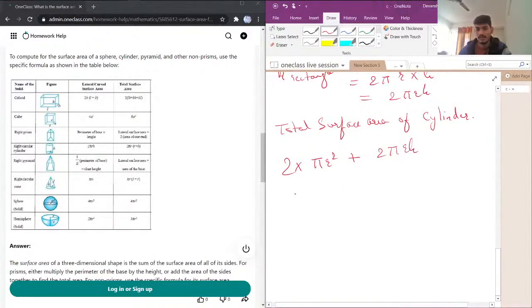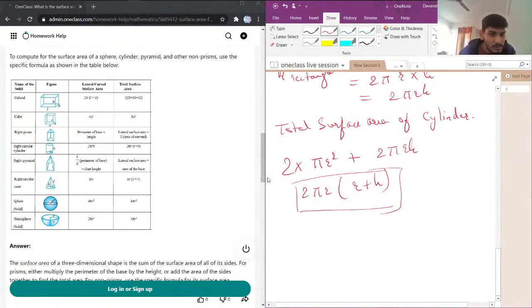We can take 2 pi r common, so 2 pi r times r plus h. So this is the formula for total surface area of a cylinder, basically 2 pi r (r plus h). Here also we got the same formula.